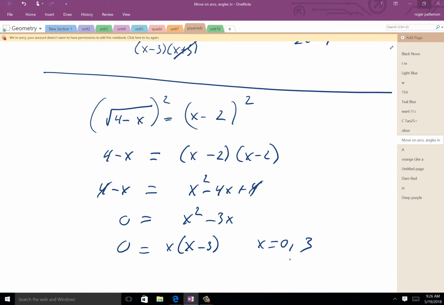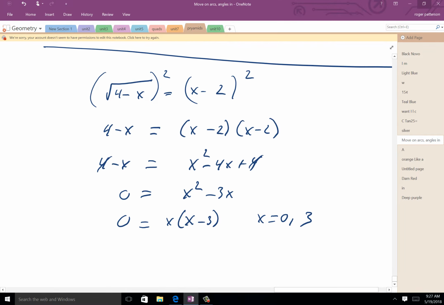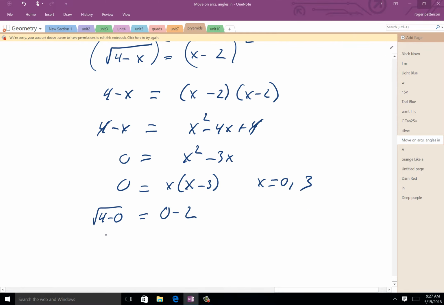Let's see if we want to check both these answers. We could just simply put them in there and see if we get the same answer. So this is obviously going to be 2, but this is going to be negative 2, so the 0 is not a solution.